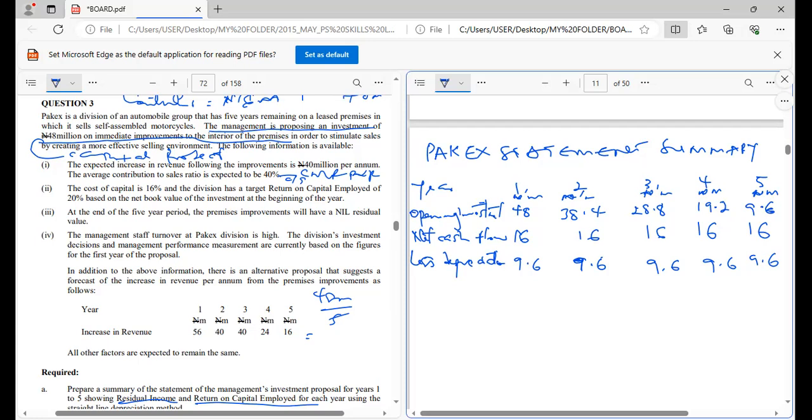So when we subtract this depreciation, when we net it off, we get our net profit. So what are you subtracting now? The net cash flow, 16 minus 9.6.